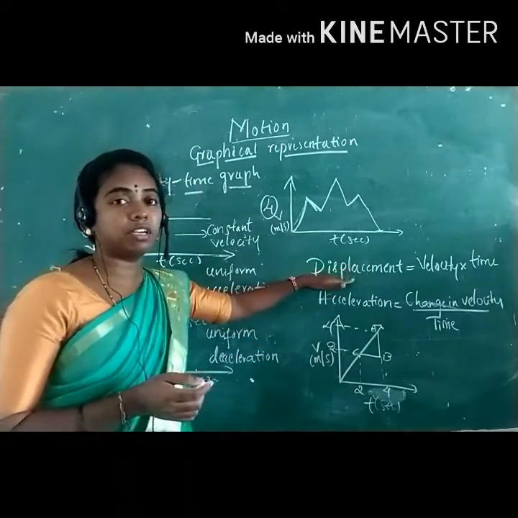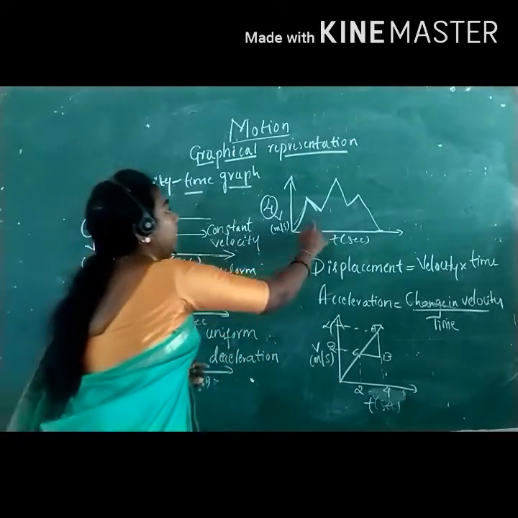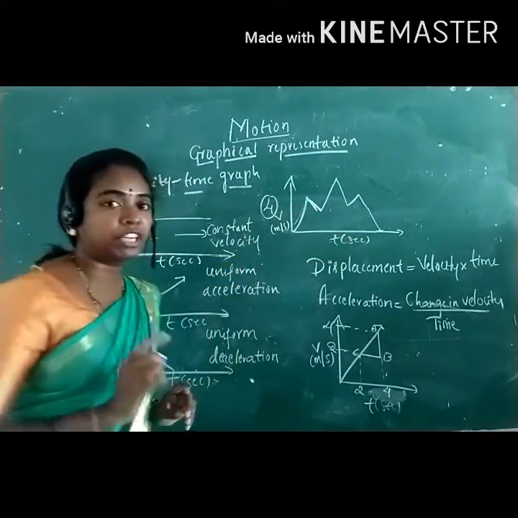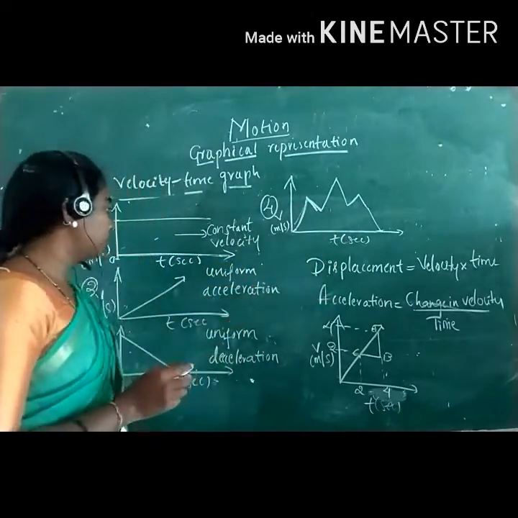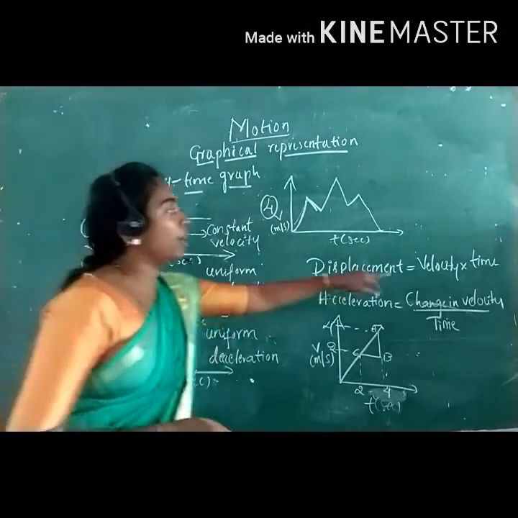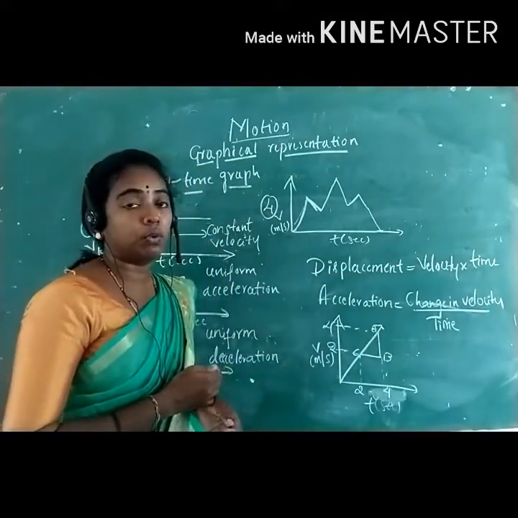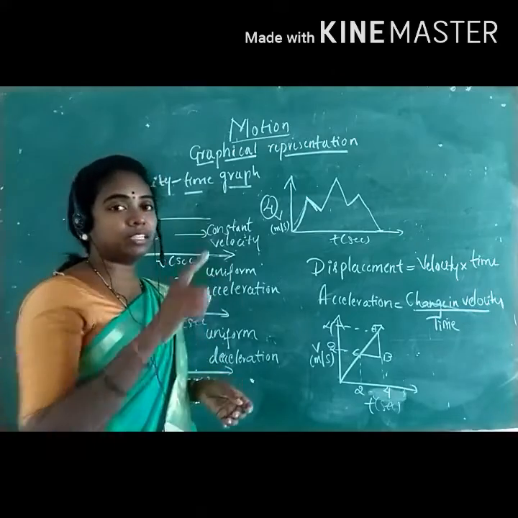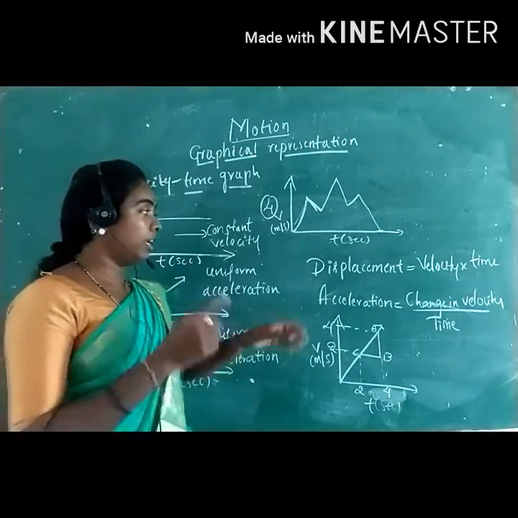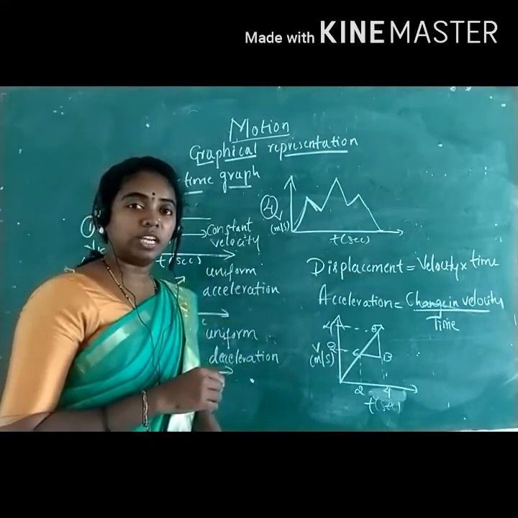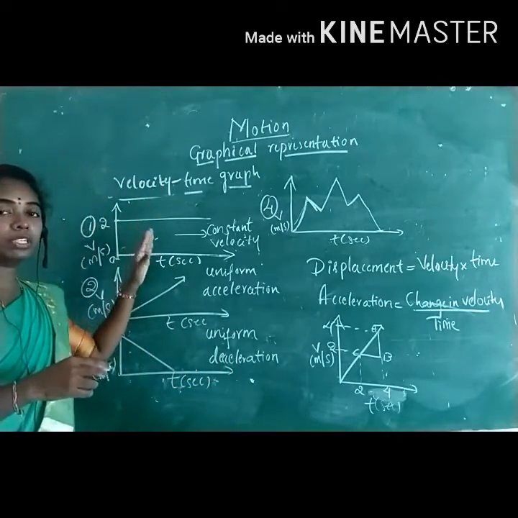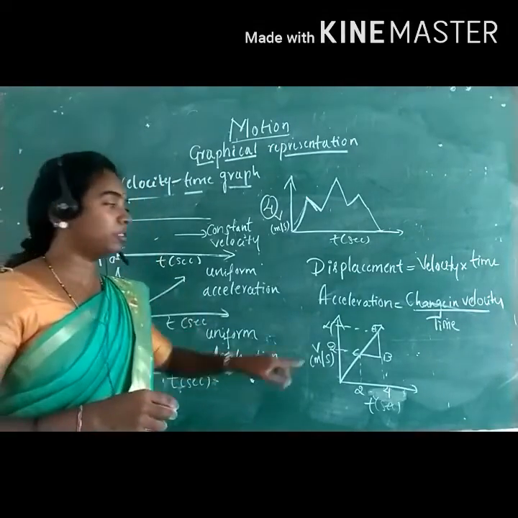Why have I written this? Because the area under the velocity time graph gives you the displacement. If you make a product of velocity and time, you will get displacement, because velocity is equal to displacement by time. In turn, displacement is equal to velocity into time. Area under the velocity time graph gives you displacement.